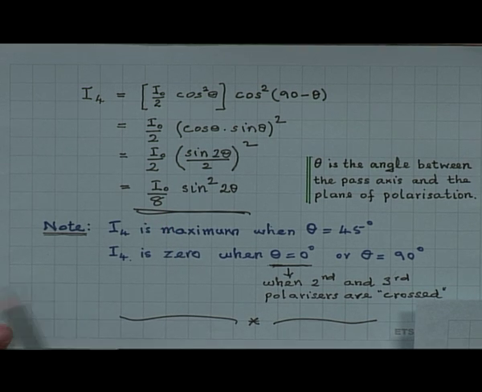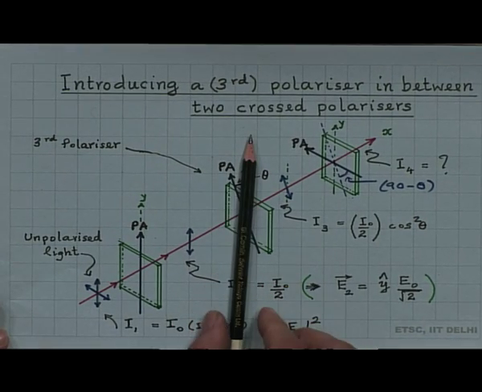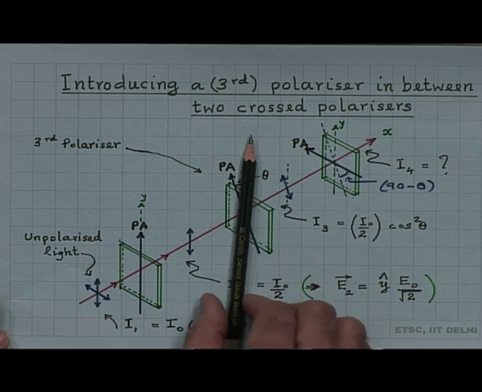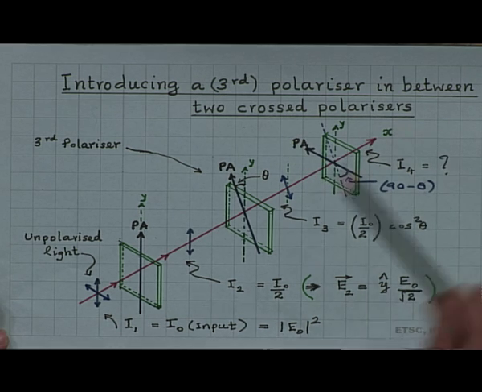I 4 is 0 when theta is equal to 0, which means the third polarizer and second polarizer are crossed, therefore, output is 0.